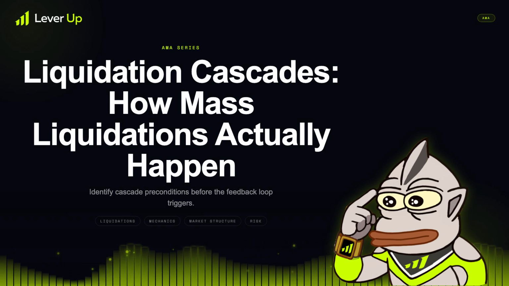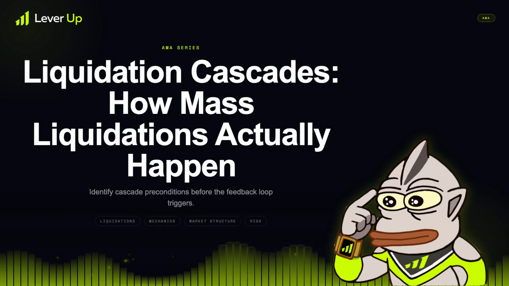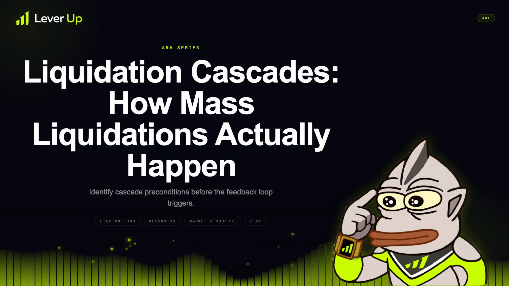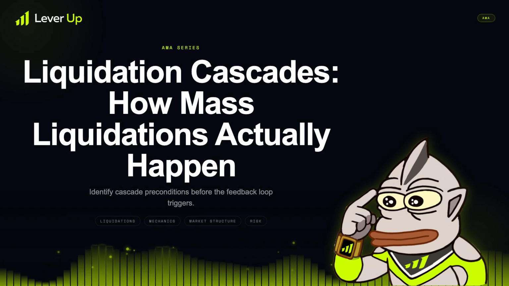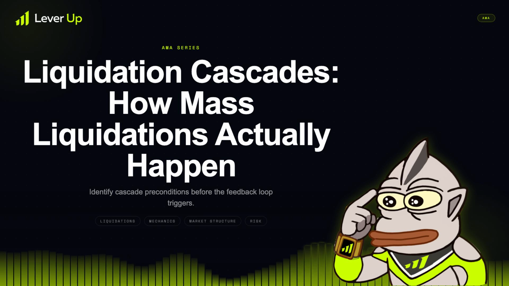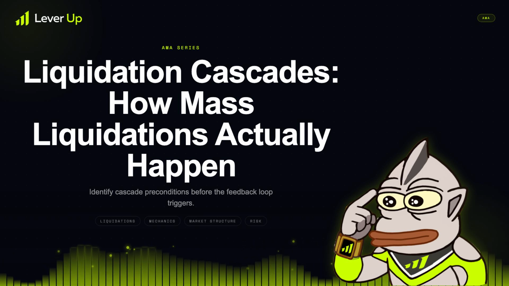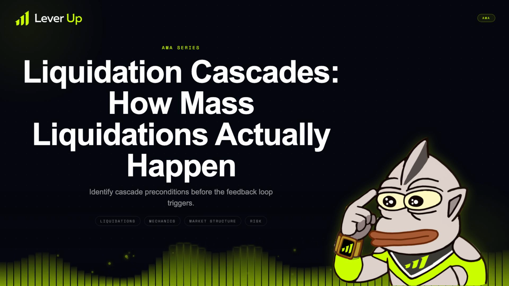The second wave hits, potentially larger because those deeper positions may have more capital behind them. If the next band is dense, the cascade accelerates. If thin, it slows. Eventually, the market exhausts the leveraged open interest in those bands and finds a level where the remaining positions have lower aggregate risk. That's when the cascade stops.